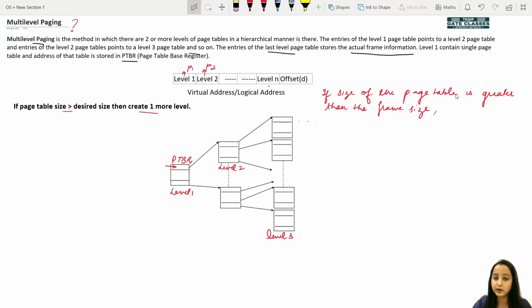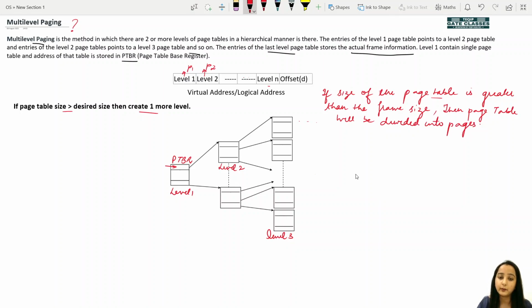We know that the page table is stored in a frame. So if the size of the page table is more, then it will not be able to be stored in that particular frame in the main memory. Then the page table will be divided into pages.